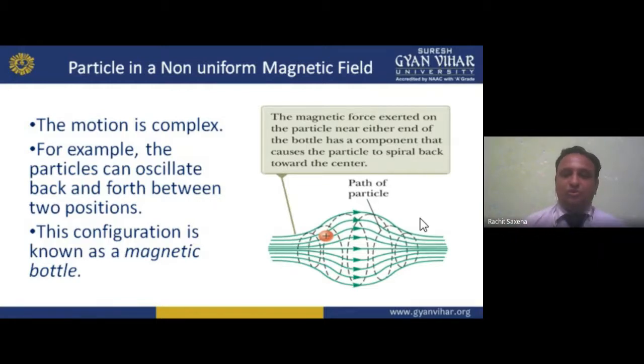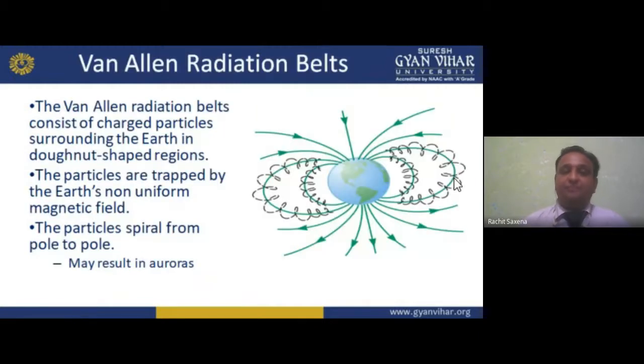It moves helically, with maximum at the center, then minimum. So it gives you the bottle structure, the magnetic bottle, in which we get the particle in the non-uniform magnetic field.